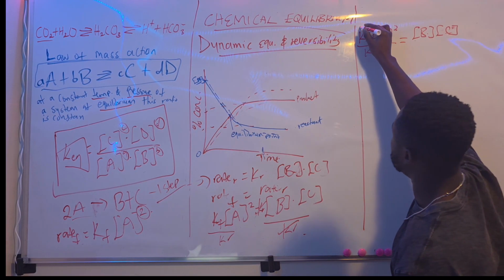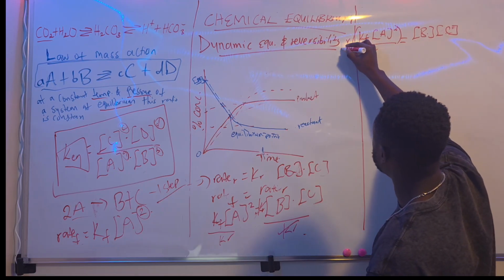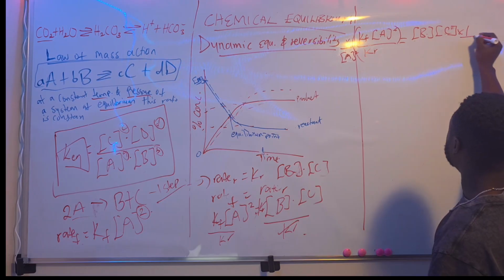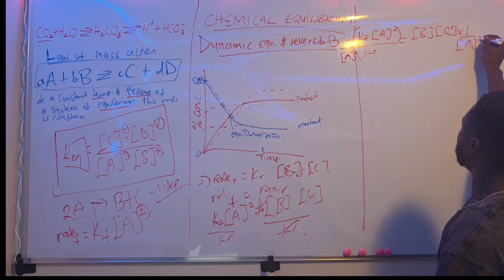Now once I have this, I want to make Kf over Kr the subject. So what I have to do is to multiply this side by 1 over the concentration of A, and then multiply this side by 1 over the concentration of A squared here.